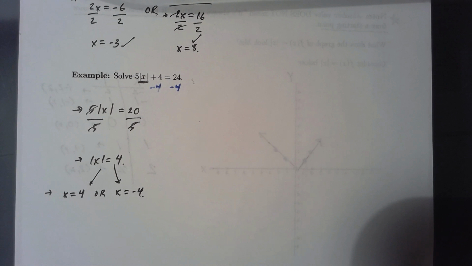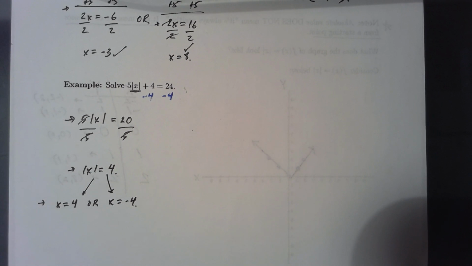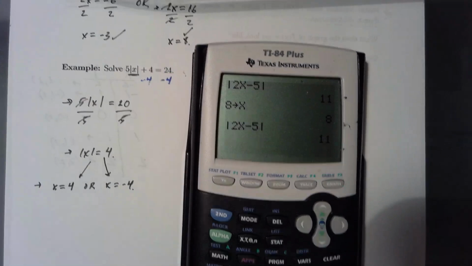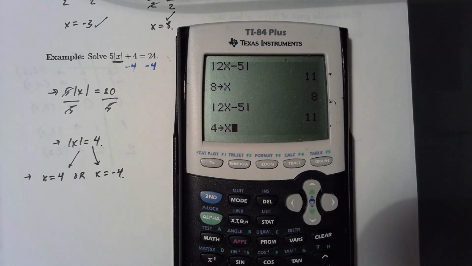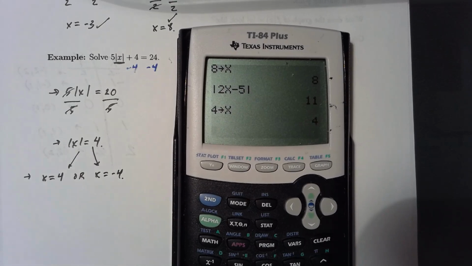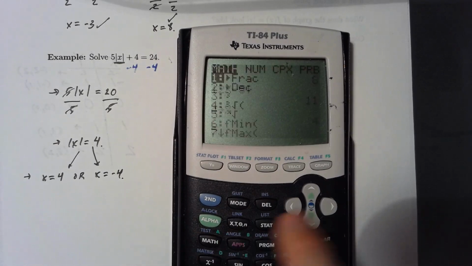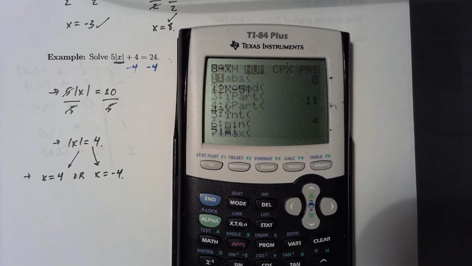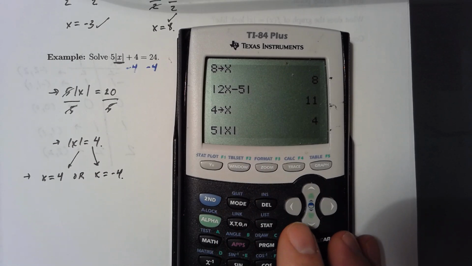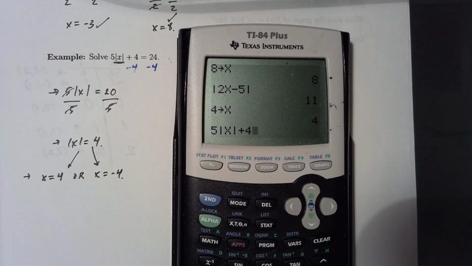Okay, so remember, check your solution. Let's take 4, store that in for x, and type in my original equation and hit enter. 5 times the absolute value of x plus 4 gives me 24. Great, that works. Now let's try negative 4.